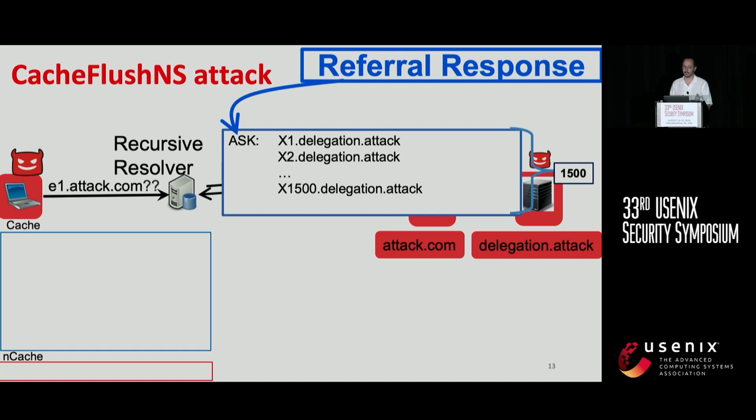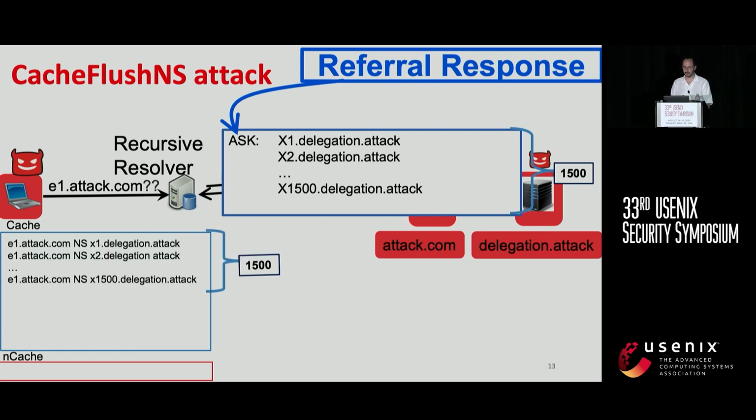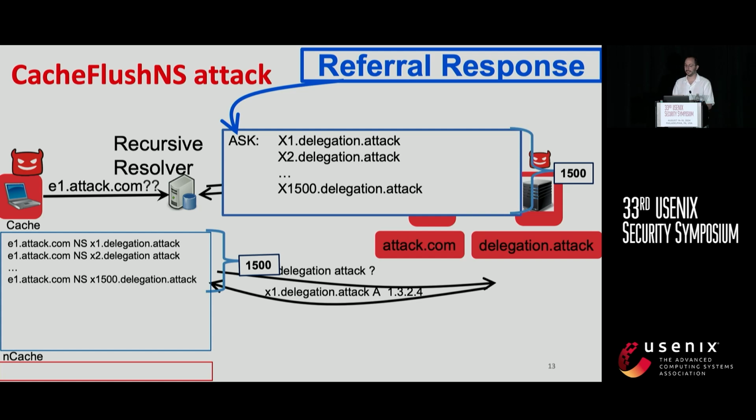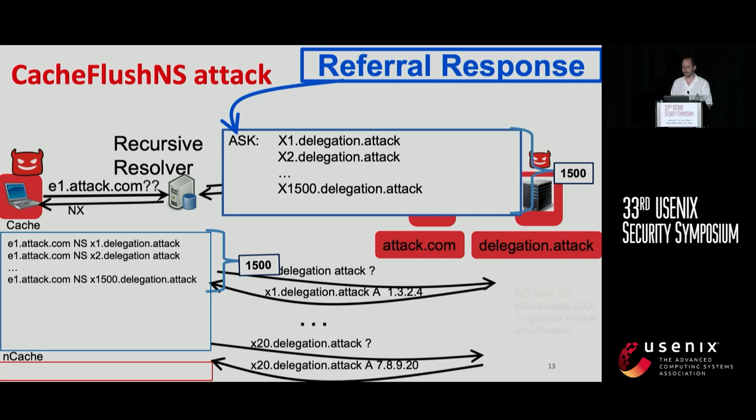Here you can see the length of the list is 1,500 domains. It's limited by the TCP size of a packet. So the recursive resolver saves all these 1,500 domains in its cache. Afterward, it asks for the first 20 domains.